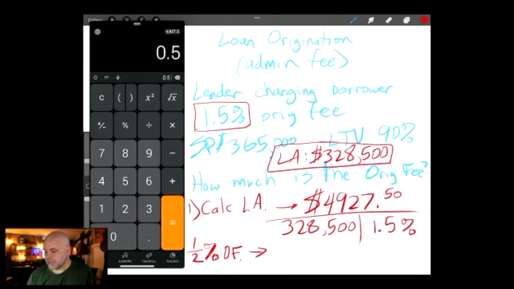I don't mean to insult you, but sometimes it's the simple things, right? 0.5% times the 328.5. In this case, the origination fee would only be $1,642.50. Good.